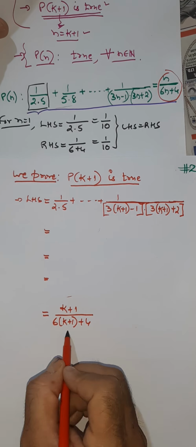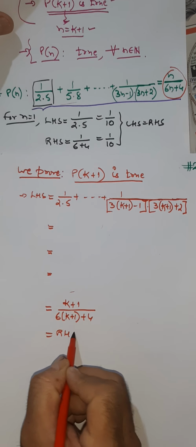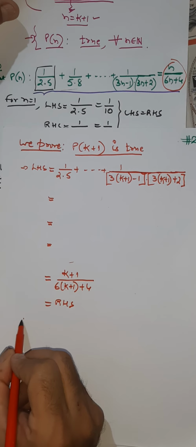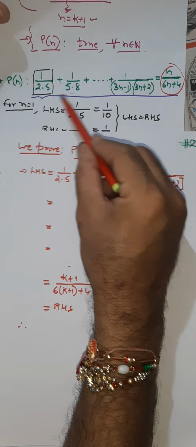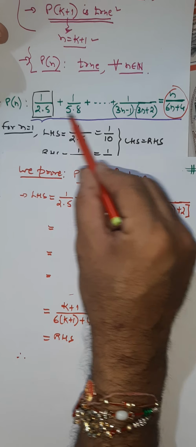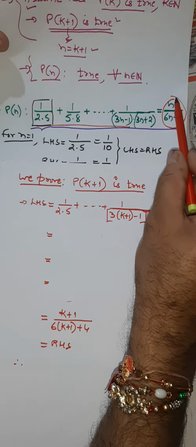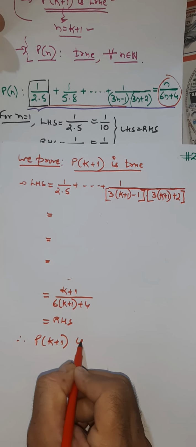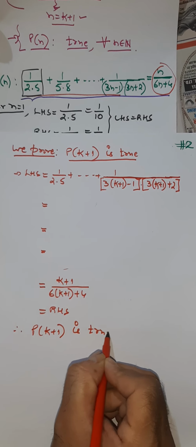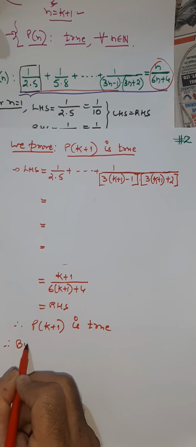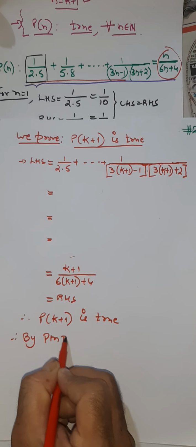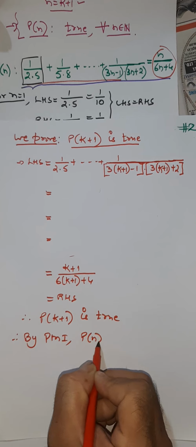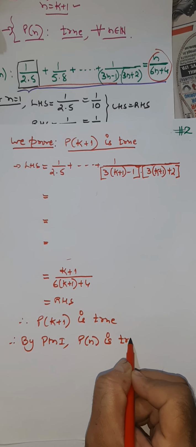This should be your RHS. So in this statement, instead of n, if I put k plus 1, from LHS we are getting RHS. And therefore I can say that P of k plus 1 is true, and therefore I can write, by the principle of mathematical induction, PMI, P of n is true for every n.